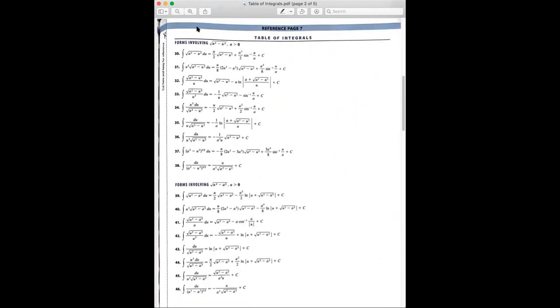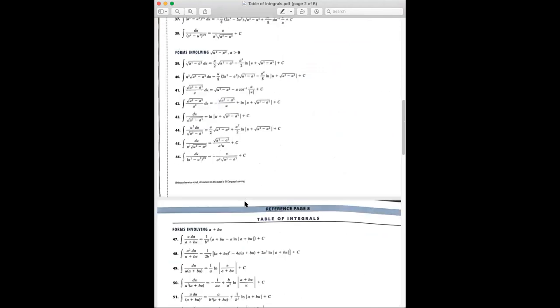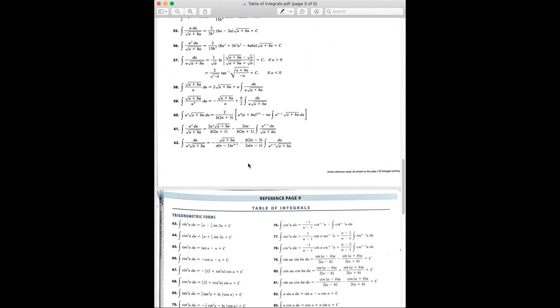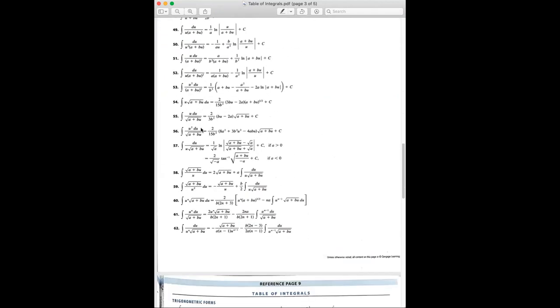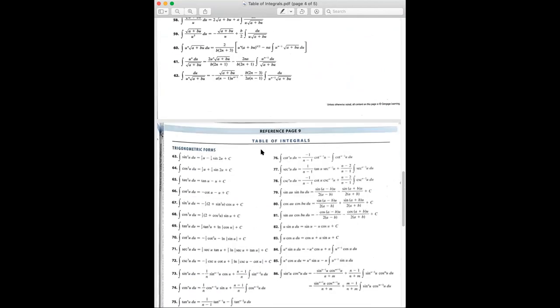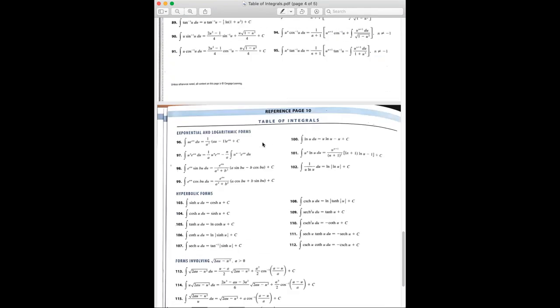The next ones are radical a squared minus u squared, radical u squared minus a squared, and such. So you're going to have many different general rules, the formulas. Again, you don't have to memorize them. I don't know many of them. As long as you know how to use them, that will be great.